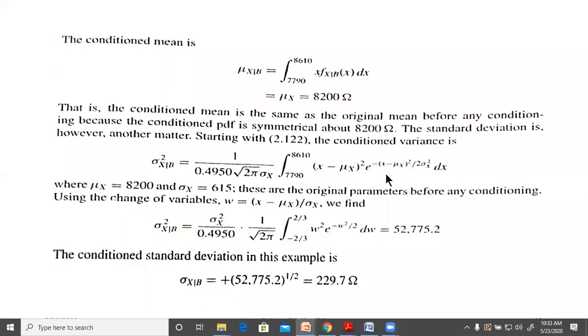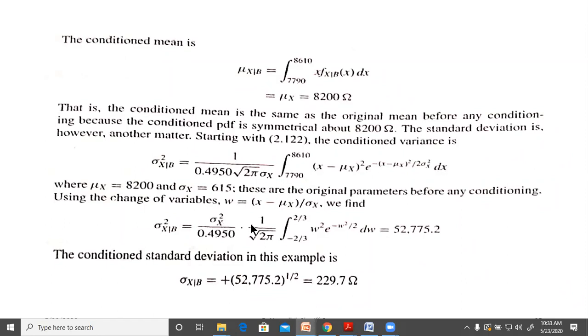This divided by 4.90 will be this value, and this is because of the mean which is centered at mu x. So if you substitute all these things in this and integrate, then again we will get the value as 52.775 of x.